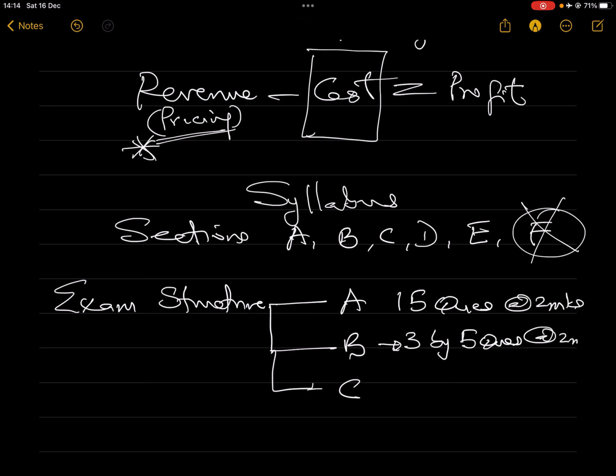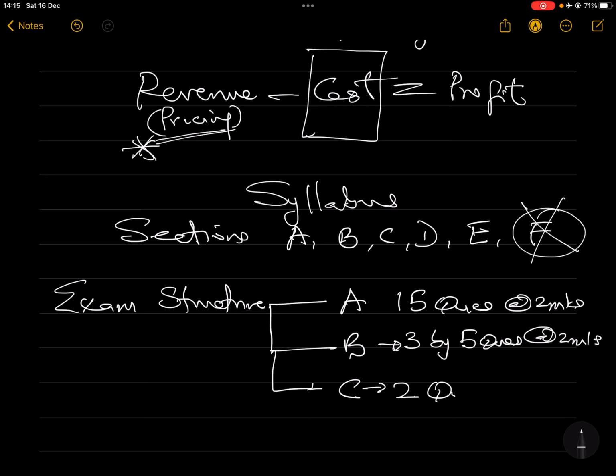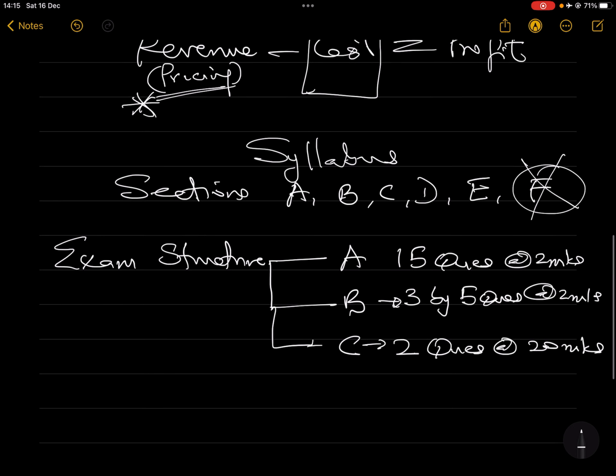So you're also going to have 30 marks for section B. And for section C, you're going to have 2 questions, each with 20 marks. Invariably, you're going to have 30 marks from A, 30 marks from B, and 40 marks from C, and everything will give you 100% for the exam.